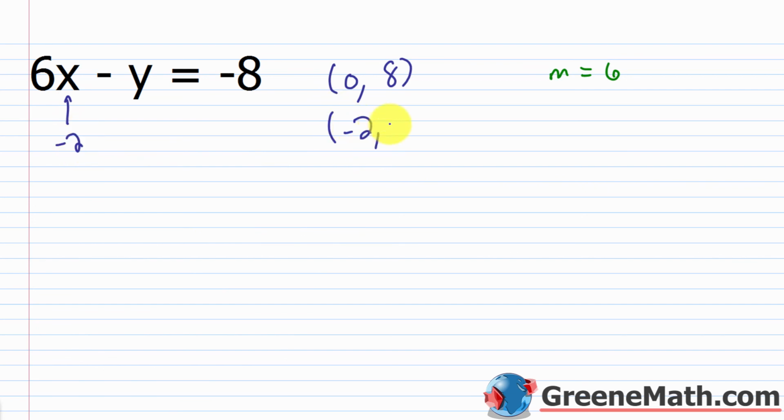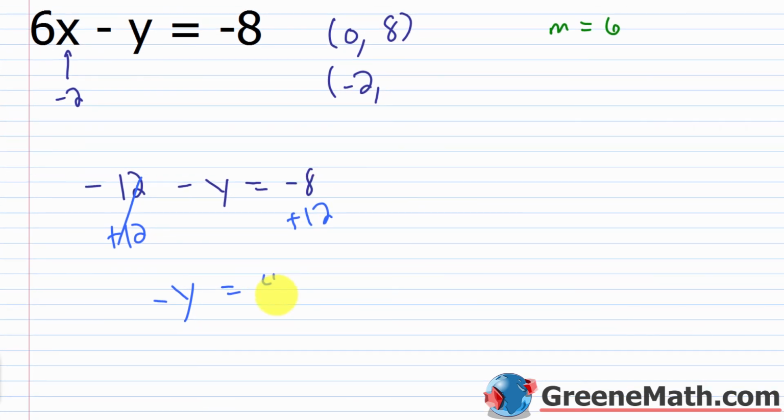So negative 2 comma what? So 6 times negative 2 is negative 12. Then minus y equals negative 8. Let's add 12 to both sides of the equation. That'll cancel. I'll have negative y is equal to negative 8 plus 12, which is going to give me 4. Divide both sides by negative 1. And you get y is equal to negative 4.